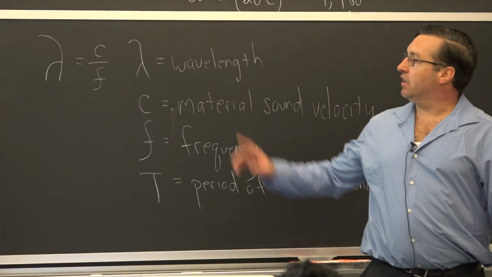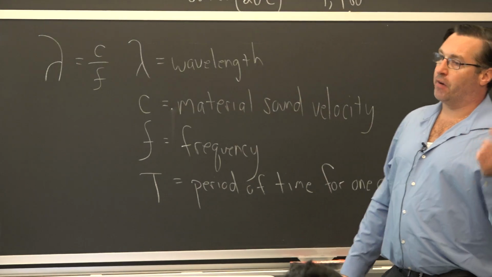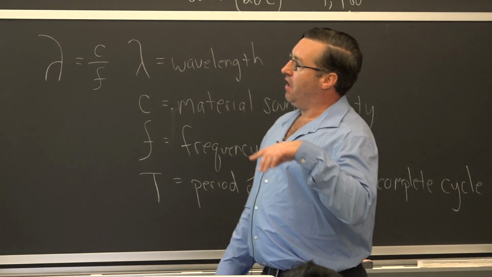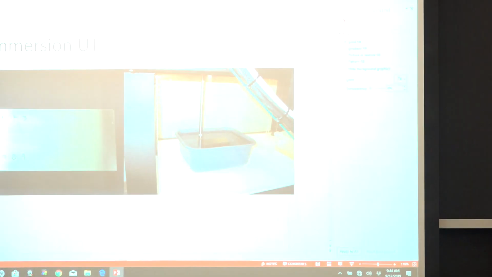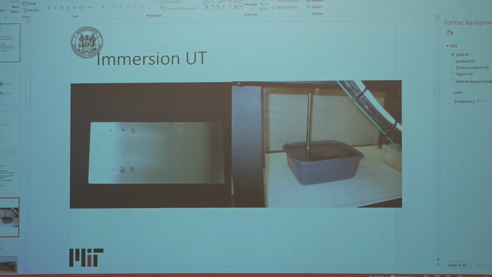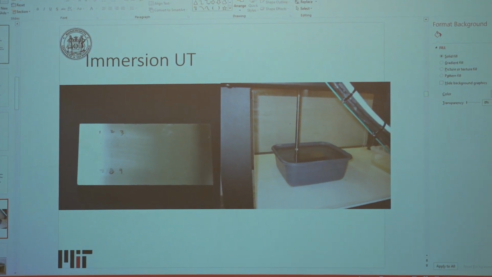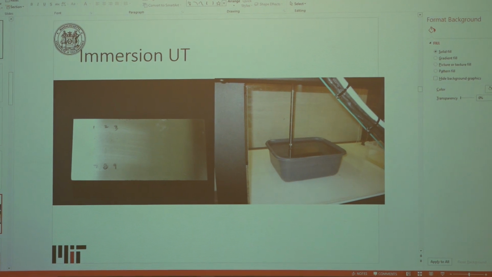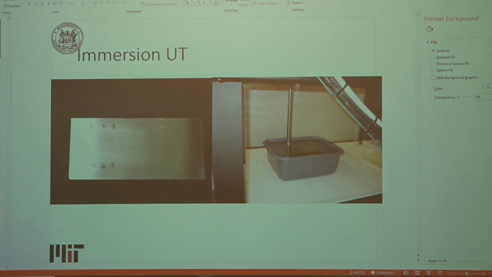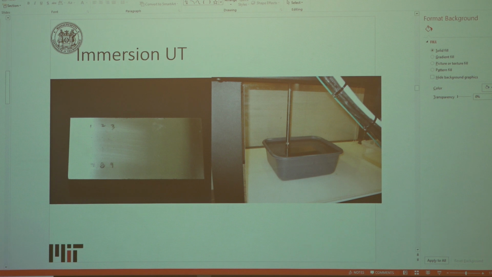The image you're seeing here, this piece of equipment was at UMass Dartmouth, and this was the immersion UT bath that I showed in last week's example. The samples that I did some experiments on are either a titanium alloy or a nickel-based superalloy.